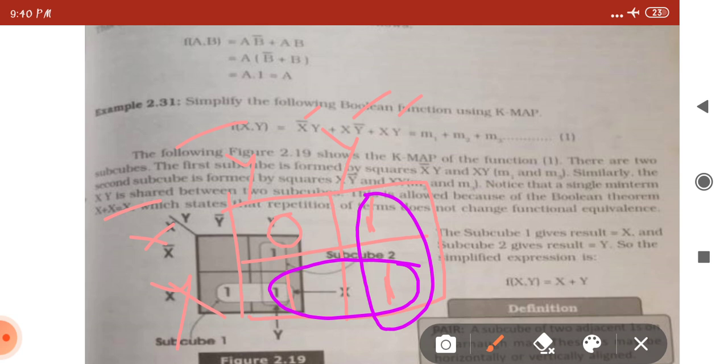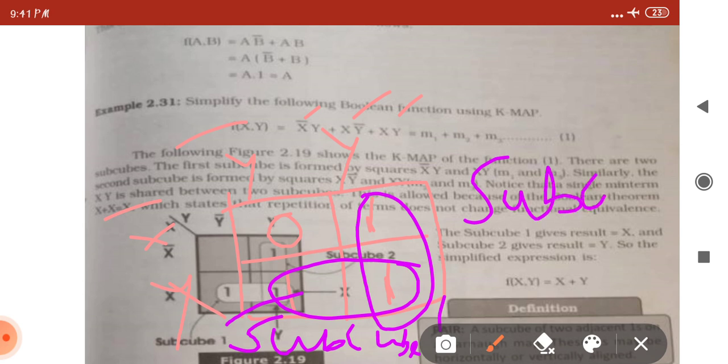Yes, correct. I am going to write that one. This is subgroup 1, can we call it? Row is the first one, column is the second one. Subgroup 2. Yes, subgroup 1 and subgroup 2.